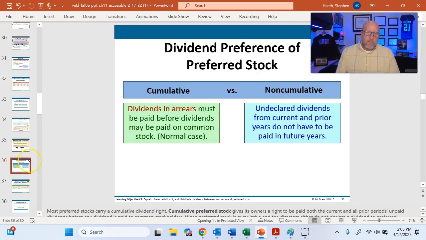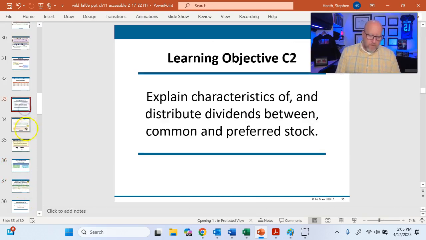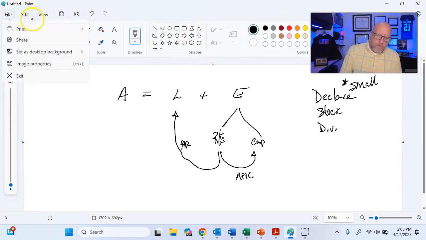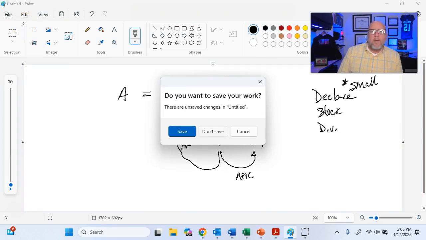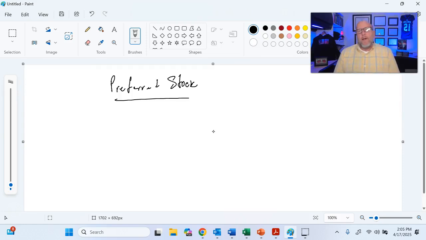There are only a few we really need to think about. Since it's not ownership stock, if we distribute excessive amounts of profit, it's not going to go to the preferred shareholders. It's going to go to the common shareholders.